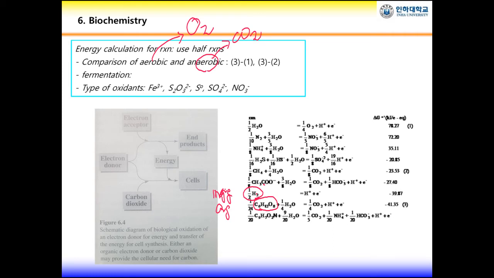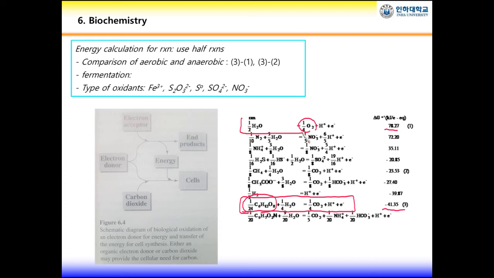So if glucose is an electron donor and oxygen is an electron acceptor, then we'll have to combine these two reactions, electron donor and electron acceptor, right?